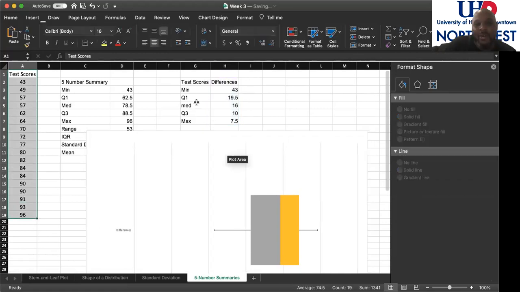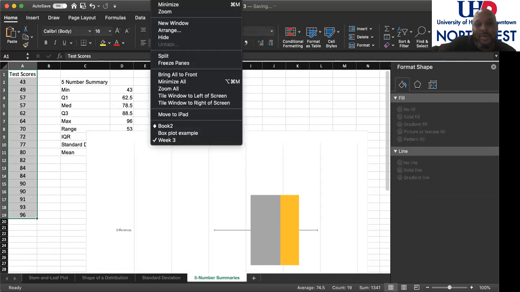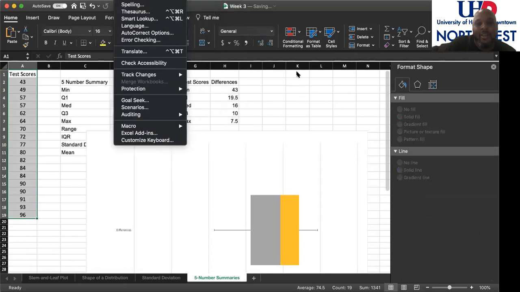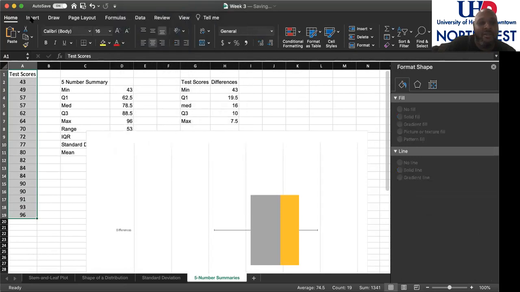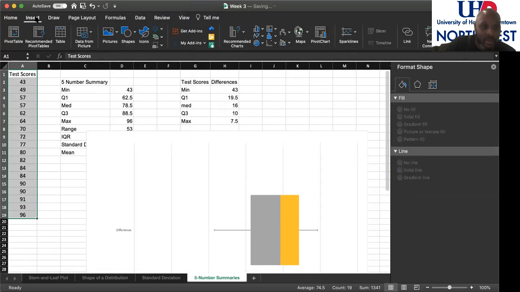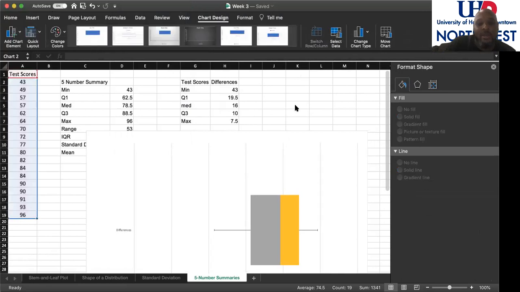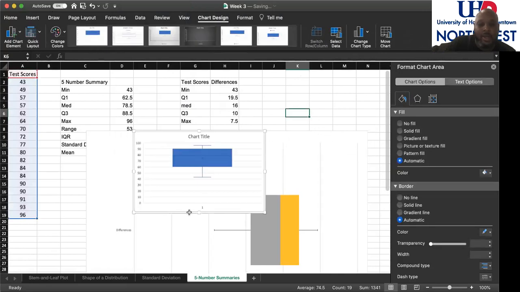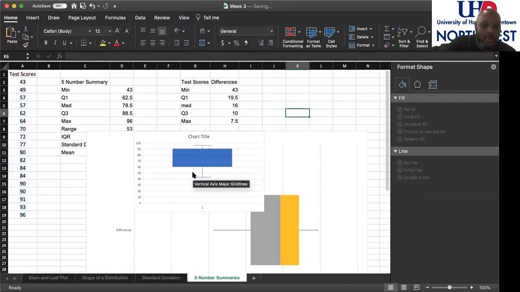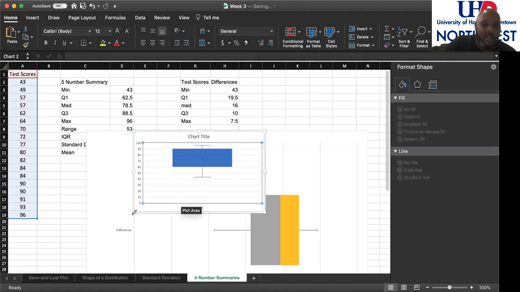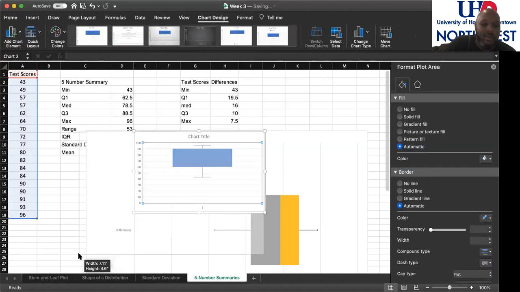Go to test scores. Go to your charts again. Go to your insert charts. You can come here to the insert function, and whatever works. Insert. Right here at your statistical charts, you have box and whisker here. And here is the box and whisker again, by the way.